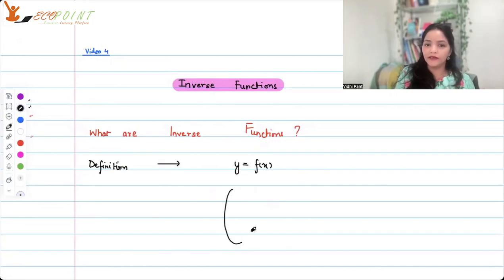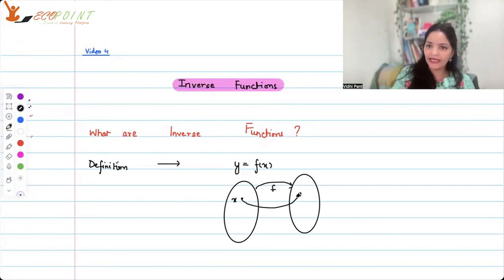What is essentially happening is you have two sets A and B. You have some elements here, say x, and f is that map which takes x to some y, which is equal to f(x). So x is being mapped to y.